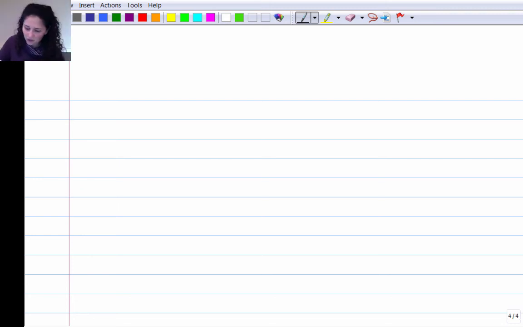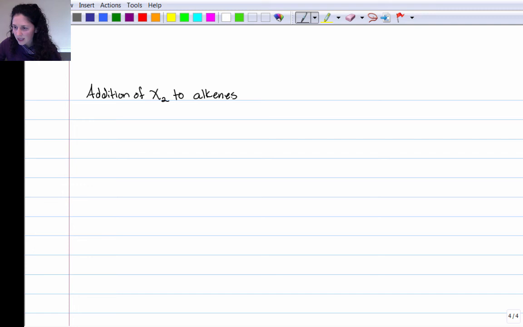All right, now there's the addition of X2. Remember that we did this with alkenes, so we took an alkene and we added X2 like Br2 or Cl2. We got a 1,2 dihalide, which means that the two halogens were connected to carbons one carbon away from each other. And this always happens in anti-addition.